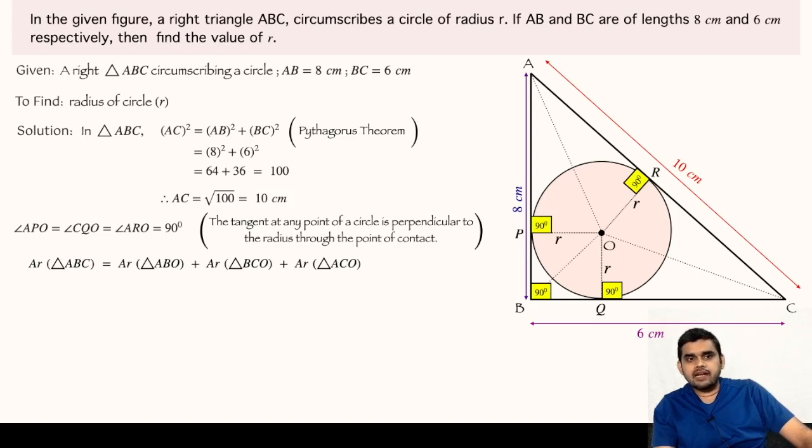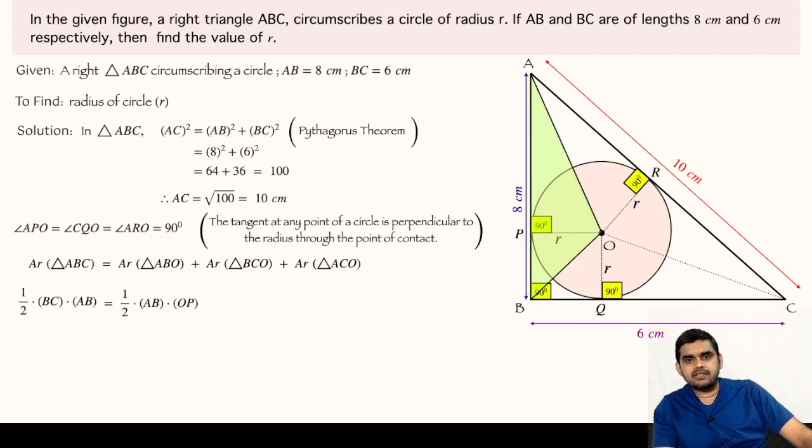So area of triangle ABC, being a right triangle, can be written as half times BC times its altitude AB. Now let us focus on triangle ABO. In this triangle, we can take base as AB and altitude as OP.